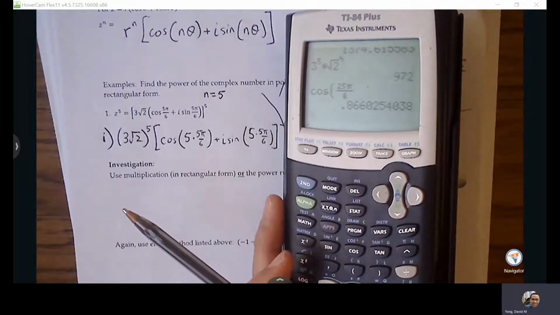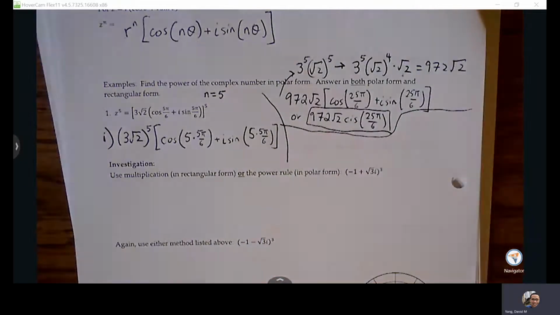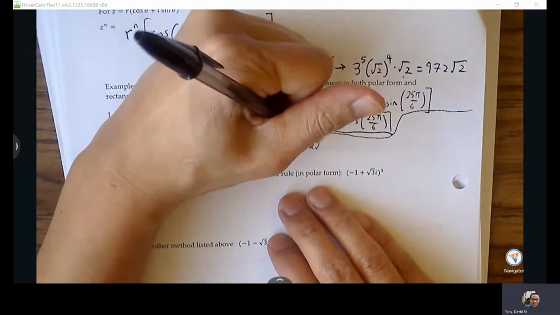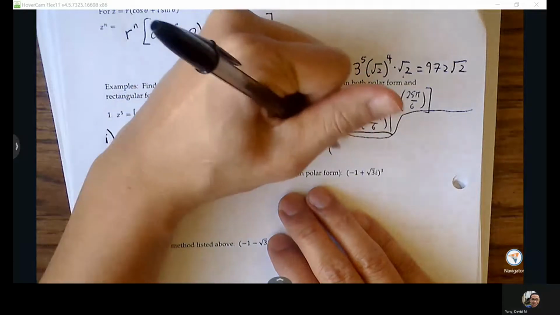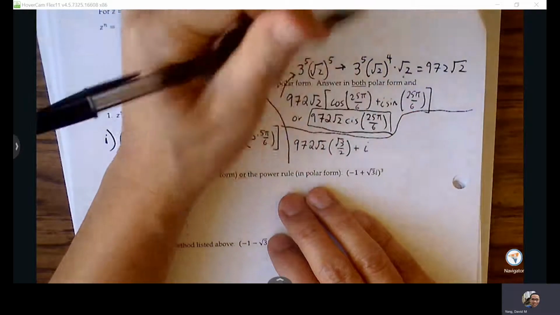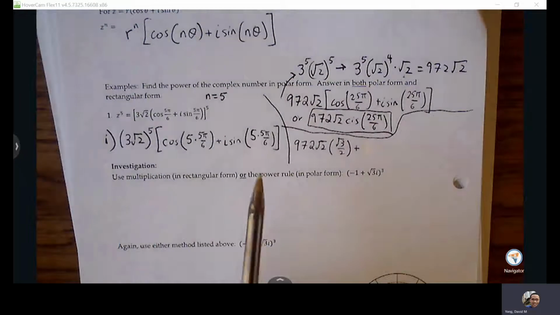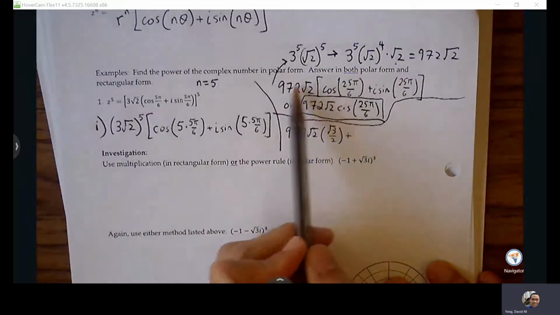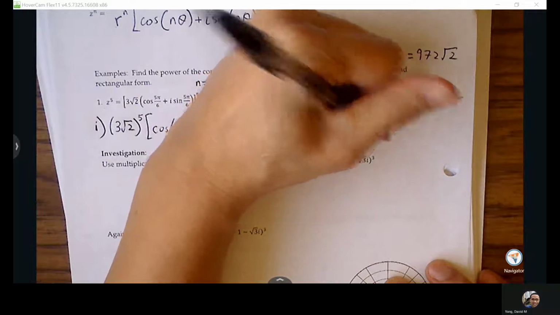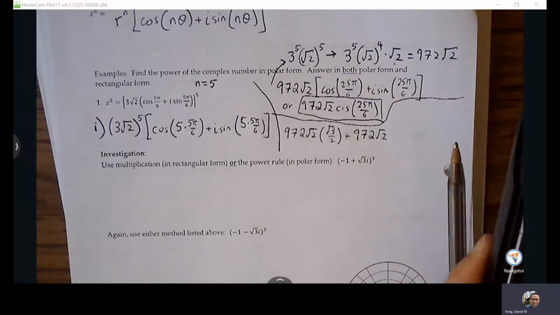I know it doesn't convert that decimal, but yeah, that's root 3 over 2. Okay, there's my r cosine theta. I'm just distributing this through. Sine of 25 pi over 6. You can imagine that it's going to be 1/2.